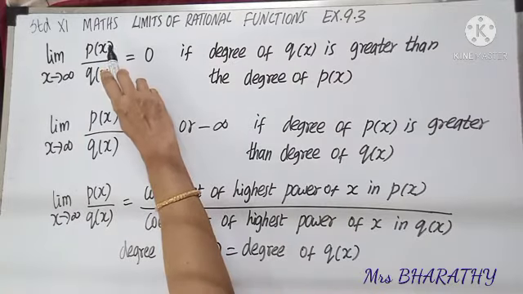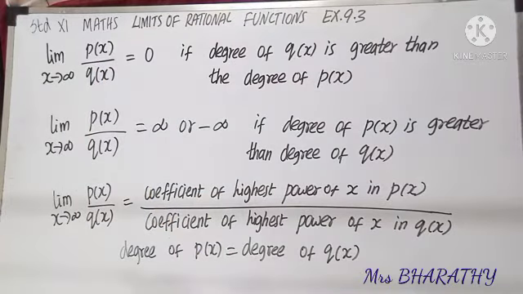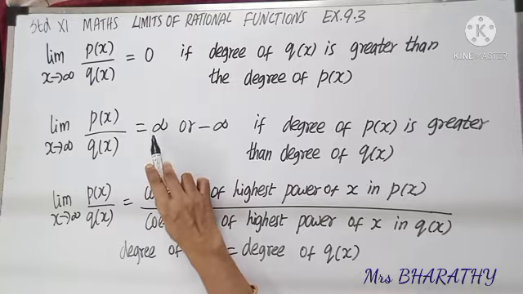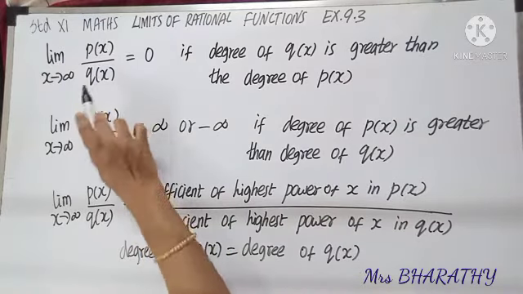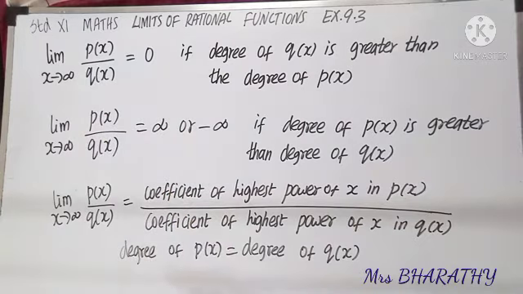If the numerator degree is greater, my answer is either plus infinity or minus infinity. If the denominator degree is greater, my answer is 0. If numerator and denominator are of the same degree, write the coefficient of the highest power of x in p of x and the coefficient of the highest power of x in q of x, divide, and that is the answer. Let us proceed into some exercise problems to understand this better.